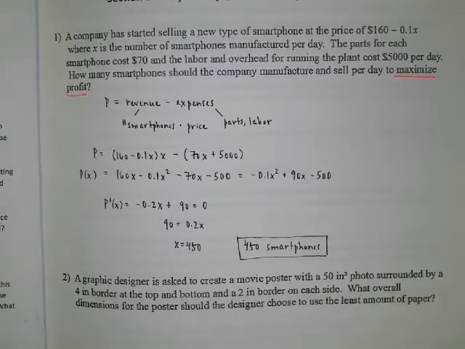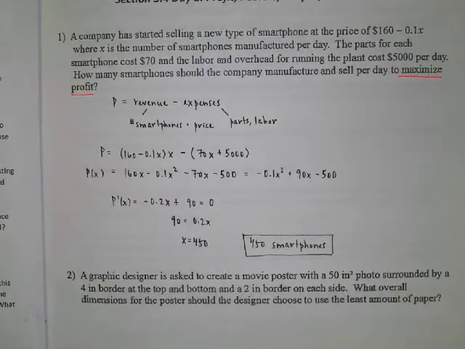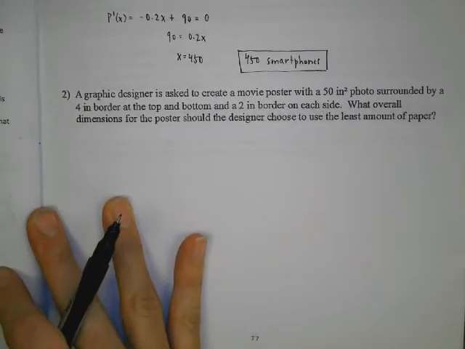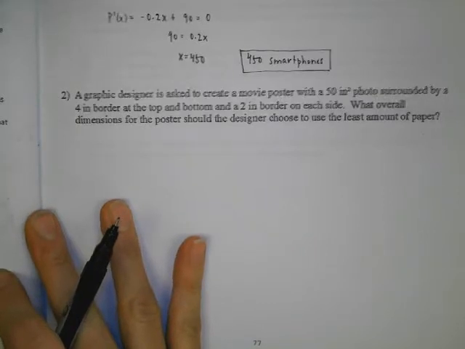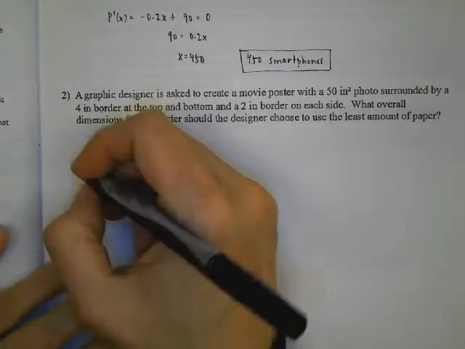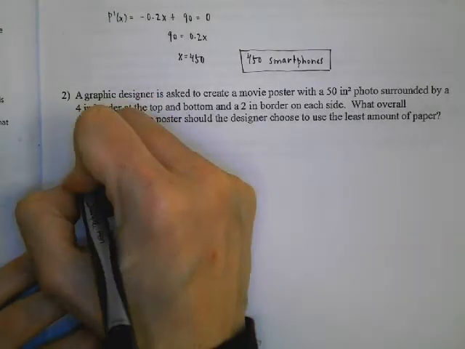All right, our next question has a little bit to do with graphic design. Okay, so our designer is asked to create a movie poster with a 50 square inch photo surrounded by a 4-inch border at the top and bottom, and a 2-inch border on each side. So before I go too much further, I want to sketch this out.